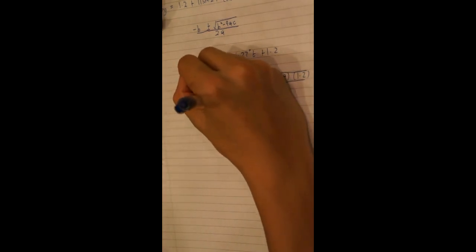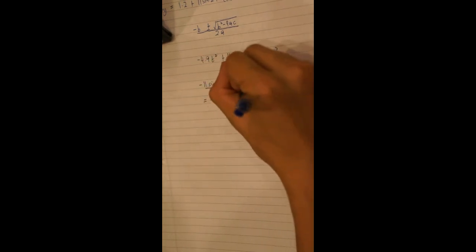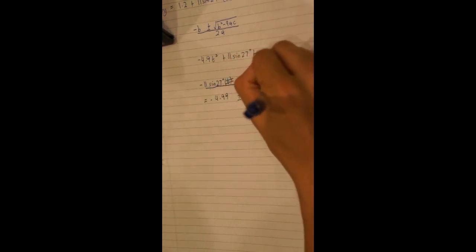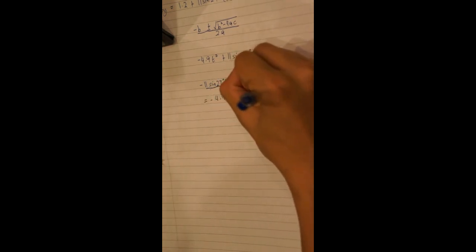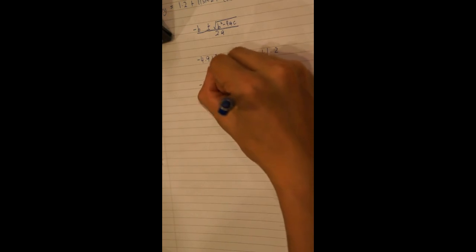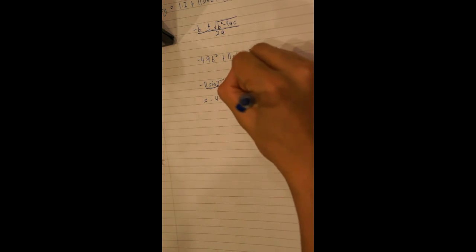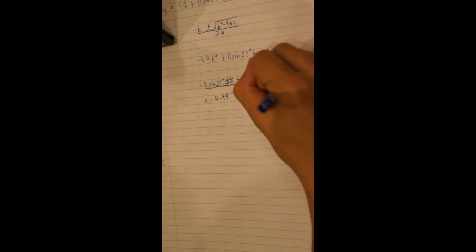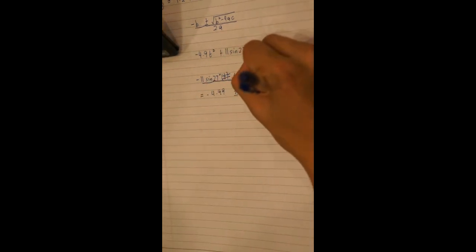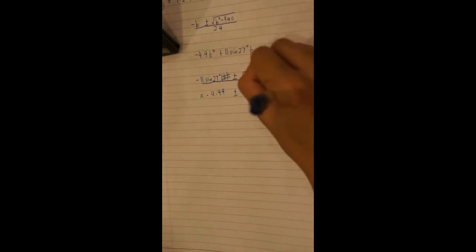So negative 4.99 plus minus square root of 4.99 squared plus 4.9 times 1.2, which equals 5.88, times this by 4.